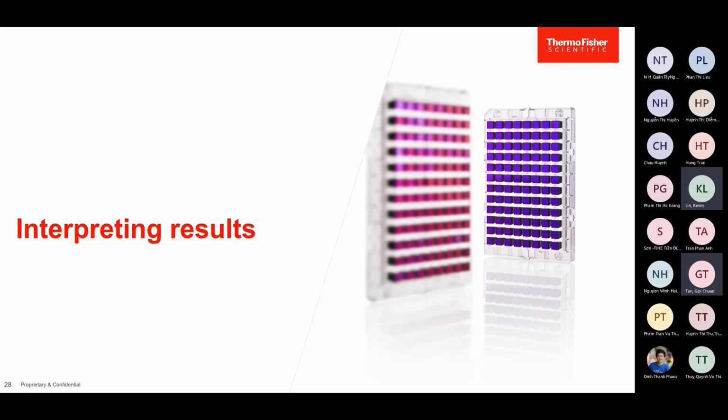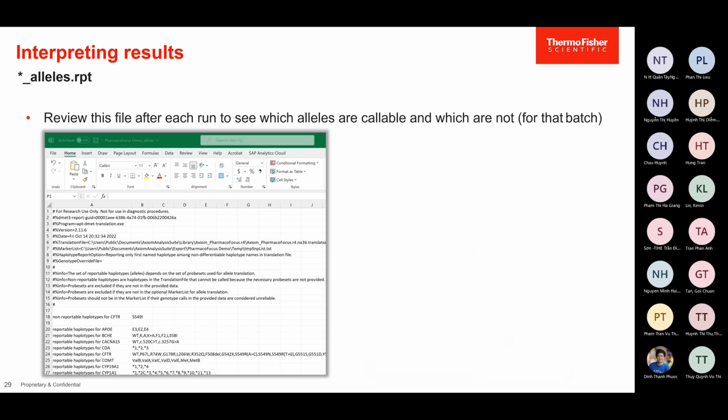For the allele RPT file, when you open it, it gives you a summary of what is reportable and what is not reportable. If some of the markers are not being called, you can see that these are non-reportable, and those that are reportable will also be right here as well.